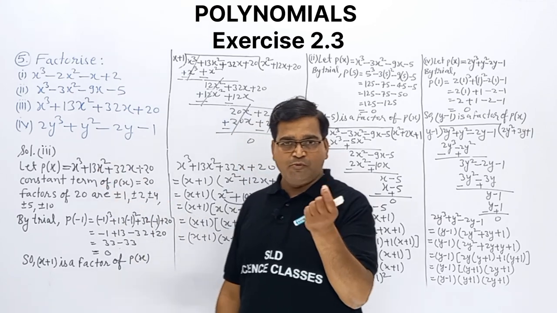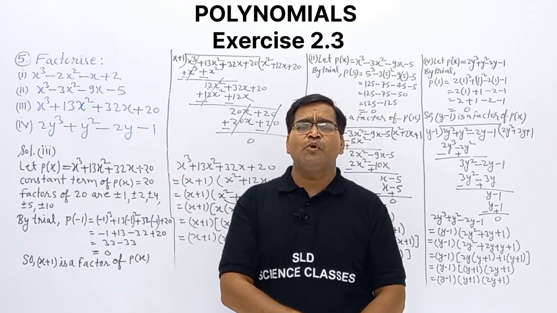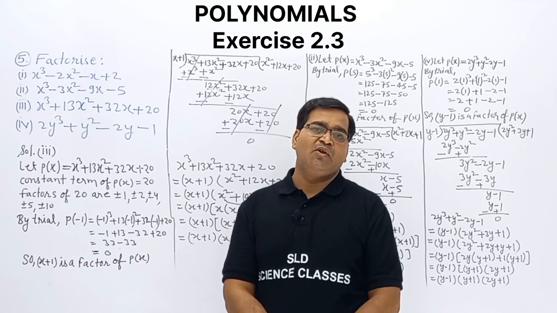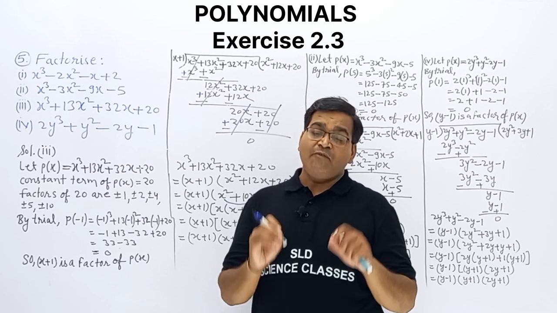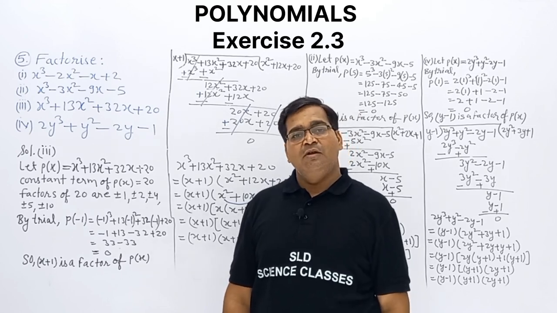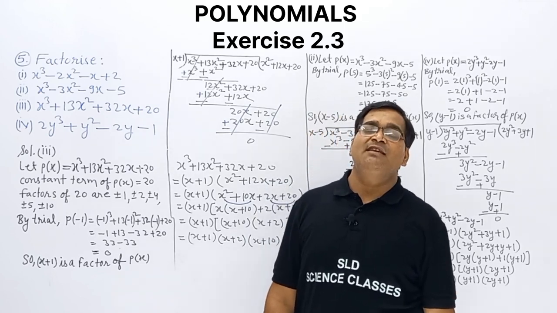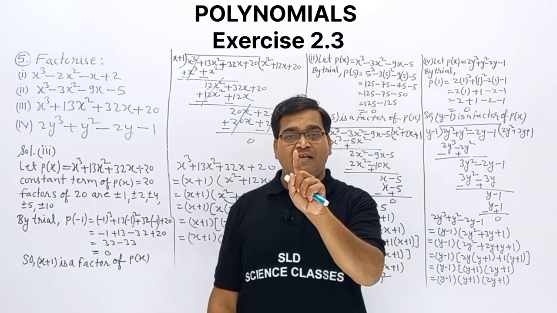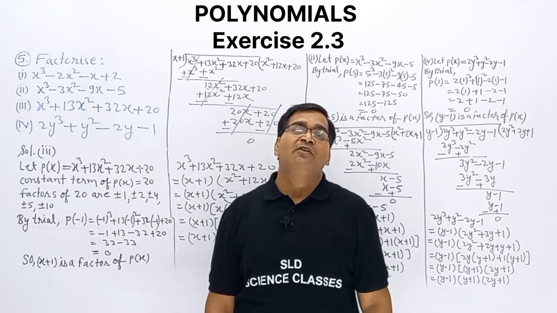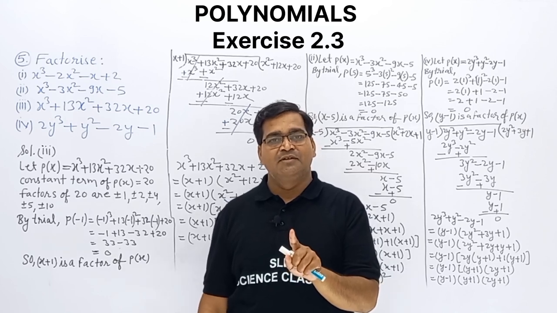So again observe how we will find the factors of a cubic polynomial. First, by using trial, we will put some values in the given polynomial. Once the polynomial value is 0, then we can say x minus a, where a is a real number, is a factor of that polynomial. Clear?